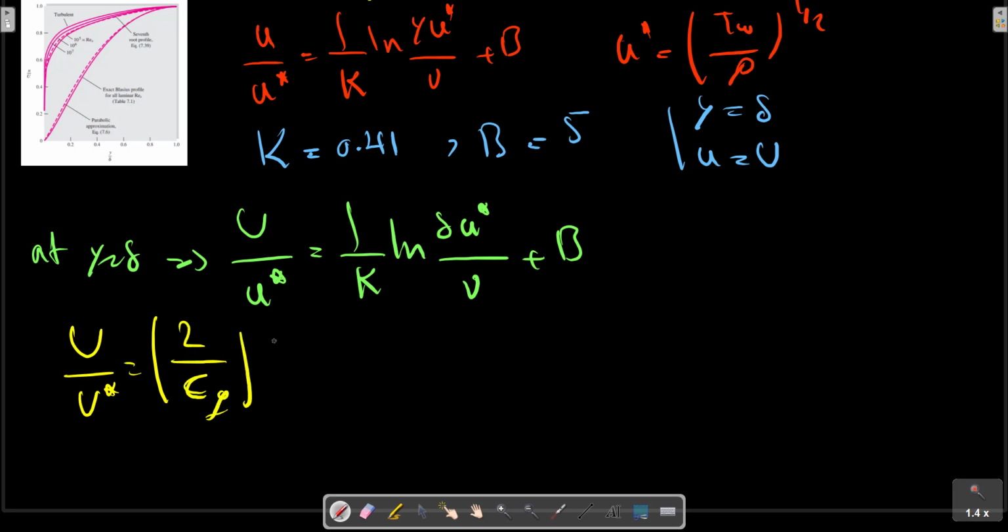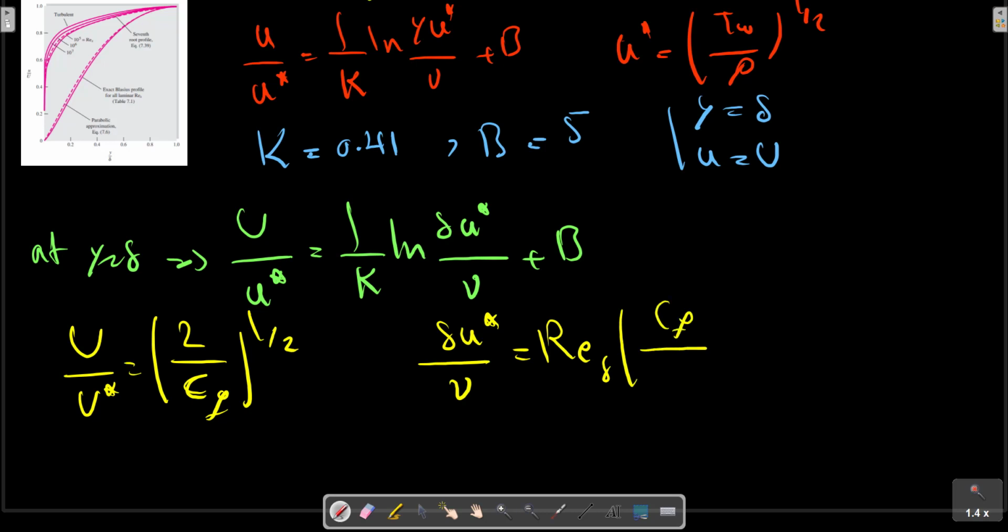We can calculate U on U star as a function of the friction coefficient on the wall shear, and we also had this relation from calculation. The full calculation of this relation is available in more specialized books such as Boundary Layer Theory by Schlichting.